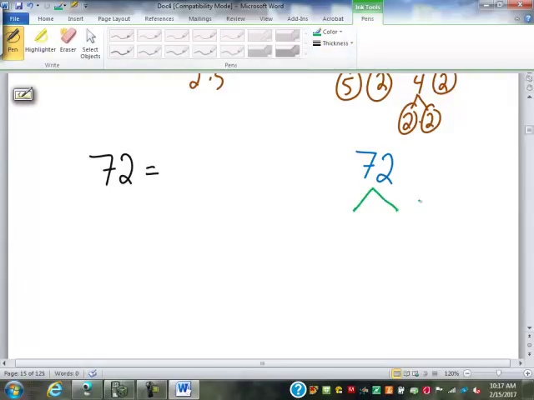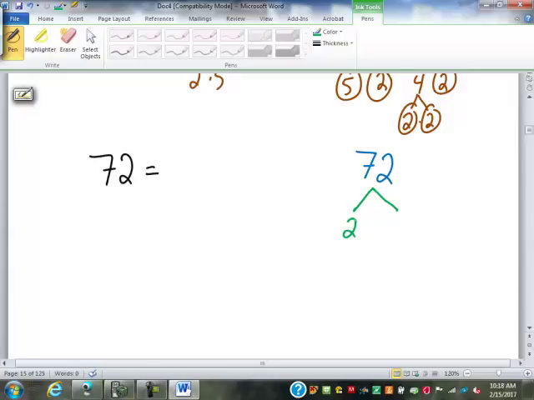So 72 has a lot of factors. So there's a lot of different ways you could start this out. Some of you might have started saying, oh, it's divisible by 2. It started divisible by 3 or 6 or 8 or 9 or 12. Somebody tell me what they started with. 2? 12? Okay. She was first.